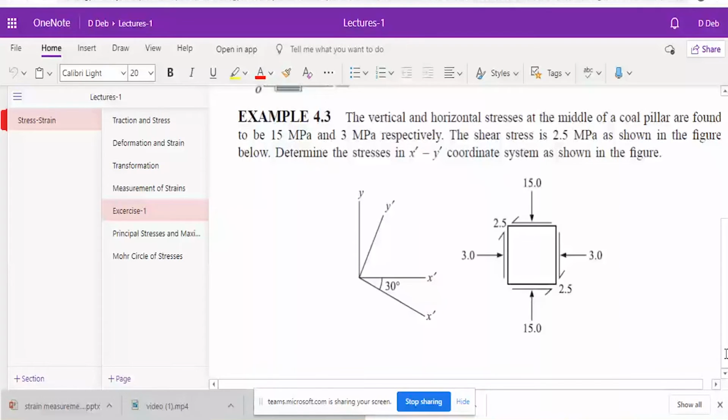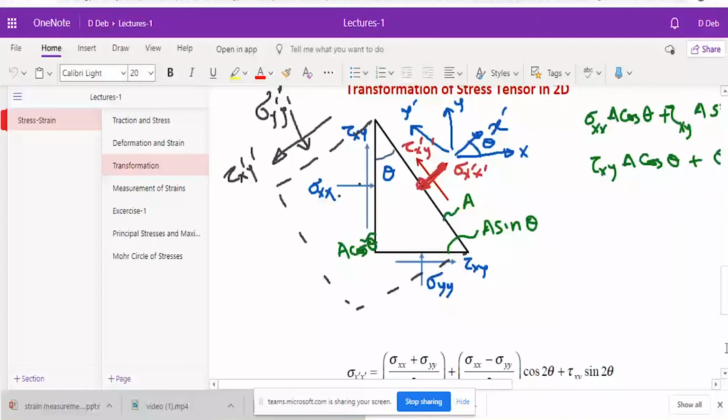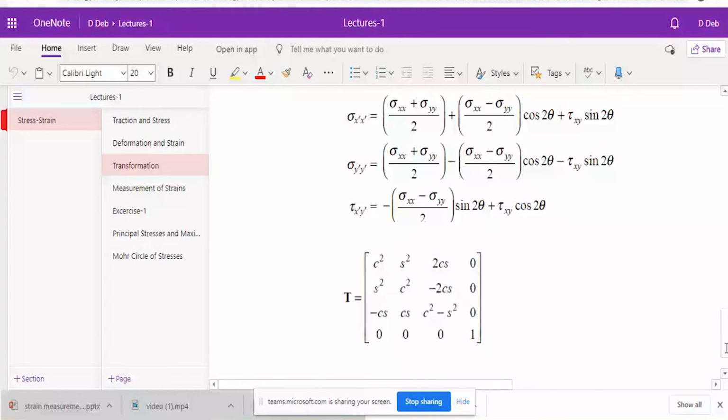Okay, so now I go back to the equation. Probably you have not written the equation. Have you written the equation? So I go back to the equation and you can now tell me these three new stress components. This is a problem from the book, so I'll be able to give you the answer. You just quickly multiply.